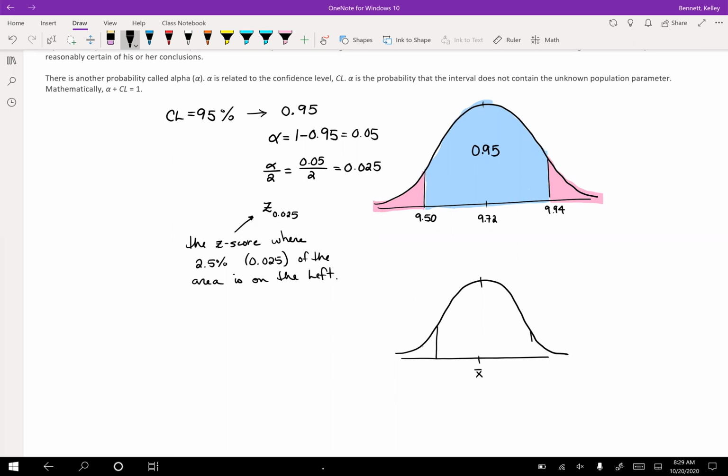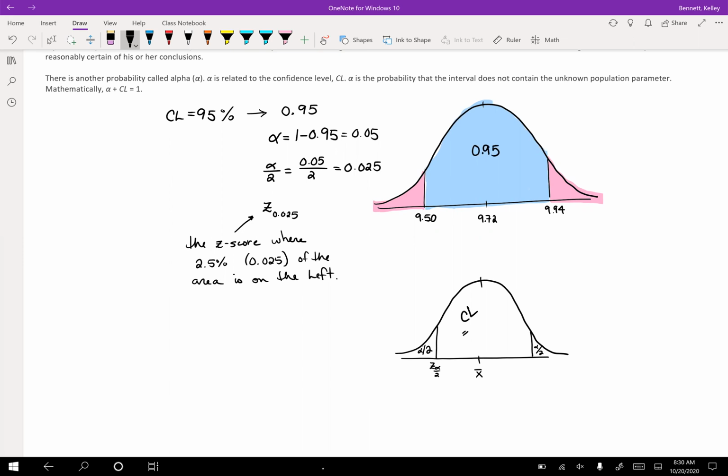It doesn't matter what it is. This is going to be your confidence level. And then you're going to have your Z alpha over 2, with alpha over 2 area on this side and alpha over 2 area on this side.